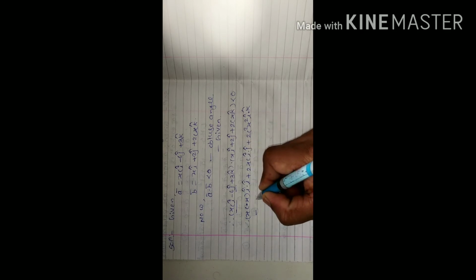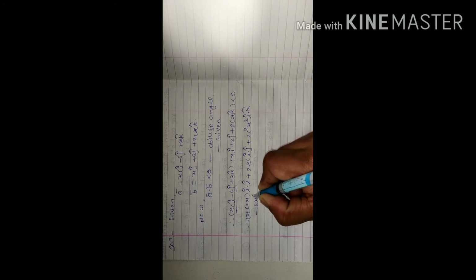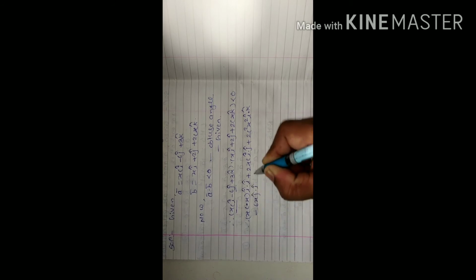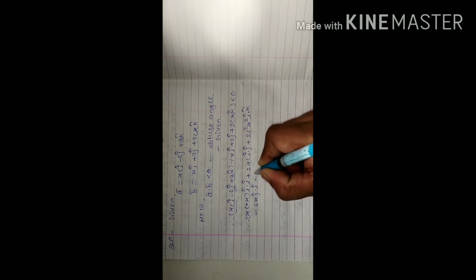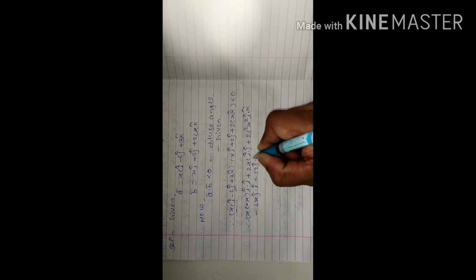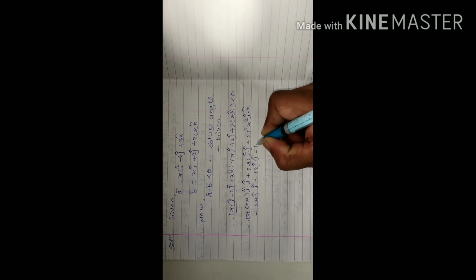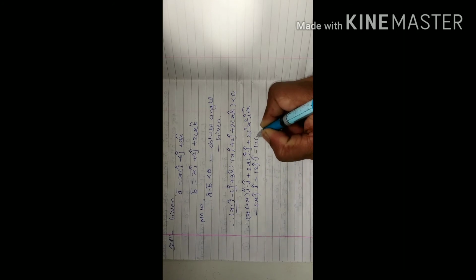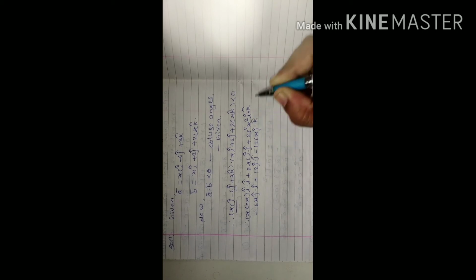Minus 6j into x i, we get minus 6x j cap dot i cap. Then minus 6 into 2, minus 12 j cap dot j cap. Then minus 6 into 2c x, minus 12cx j cap dot k cap.